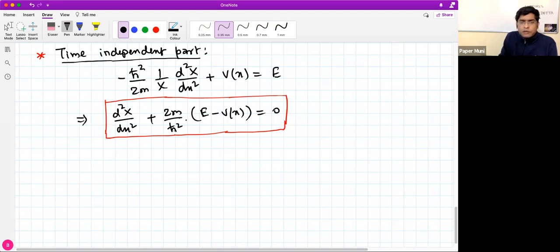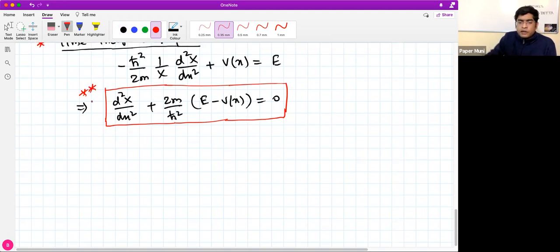Now you don't need to remember this. You can get it whenever you have a Schrodinger equation, just by rearranging this part. Or you can directly write down this form of the equation. It's better if you remember this part, so you don't waste time in deriving it.